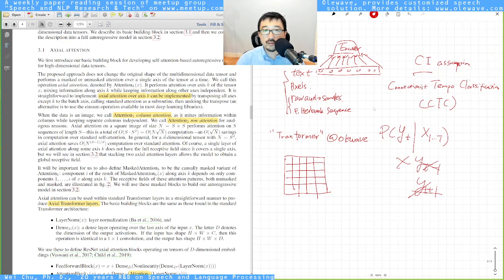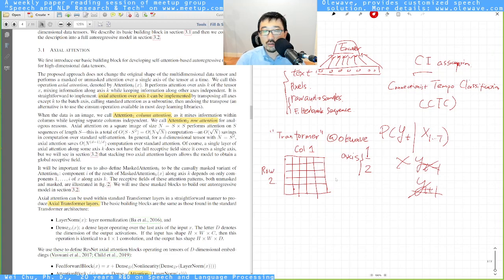You see this is a 2-dimensional matrix, so you have 2 axes, axis 1 and axis 2. This is why they're talking about axial attention over axis k. I think they call the row axis 2, and the column axis 1. Correct me if I'm wrong, but it's okay, just reverse it.